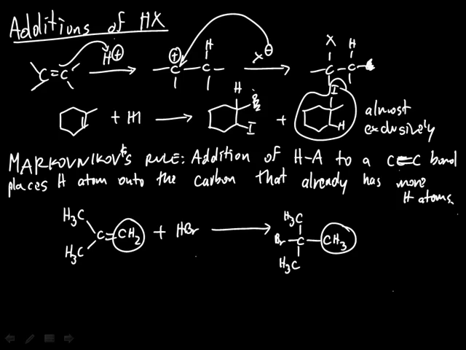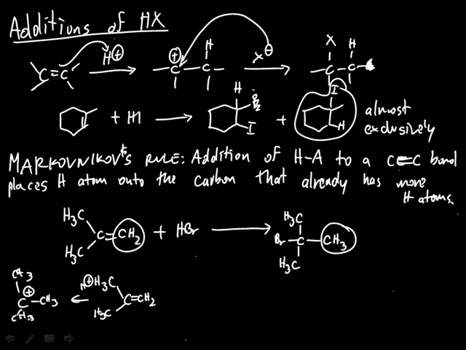Now, what is the actual explanation behind this? The explanation again is provided by the mechanism, because if we look at the possible routes of protonation of this alkene, then we can protonate it according to Markovnikov's rule on the less substituted carbon, which will then leave the cationic center on the more substituted carbon.